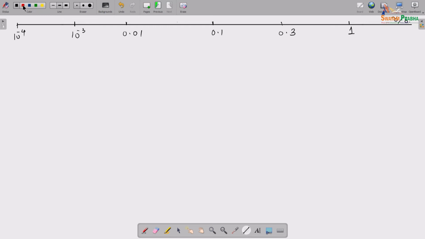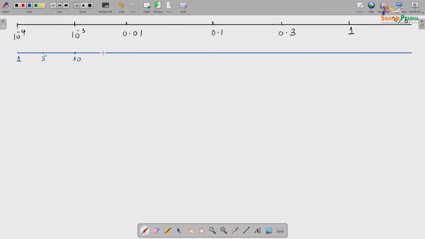Okay, that's another line. Here this is 1, this is 5, then 10, this is 30, this is 50.